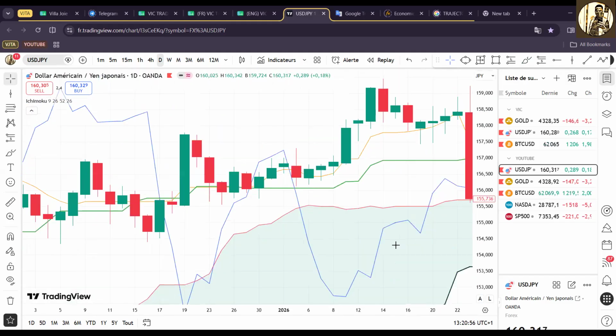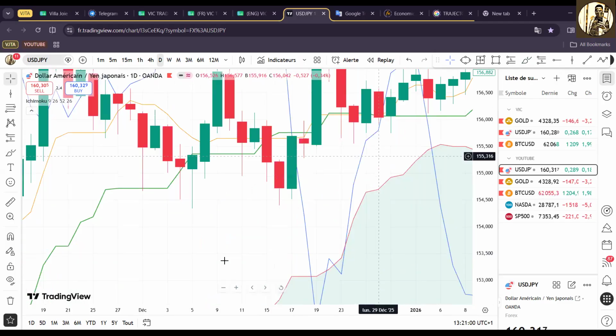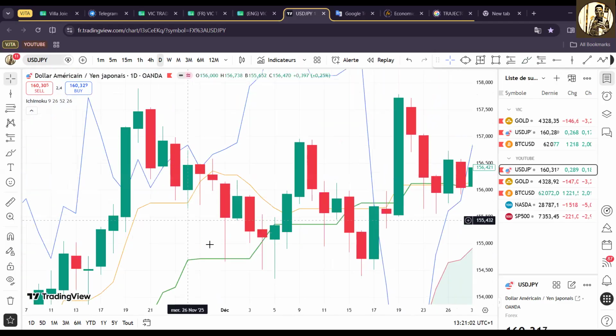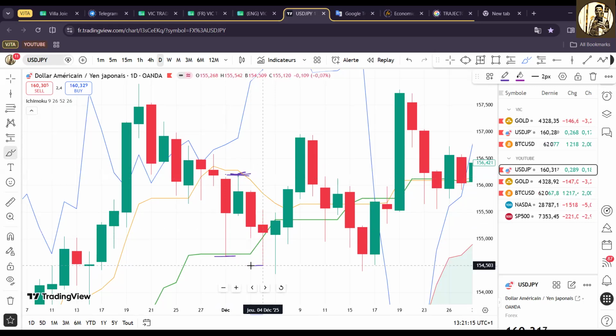Now let's look at this one. In this place, Kijun is touched for the first time here. The price moves above Kijun and doesn't go above Tenkan. Then the price goes down, touches Kijun for the second time, just below the first Kijun touch, and then to take profit.